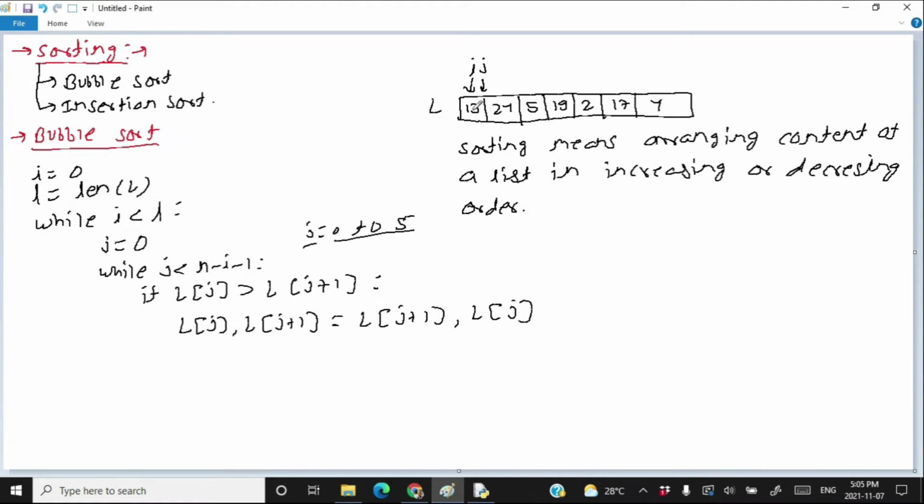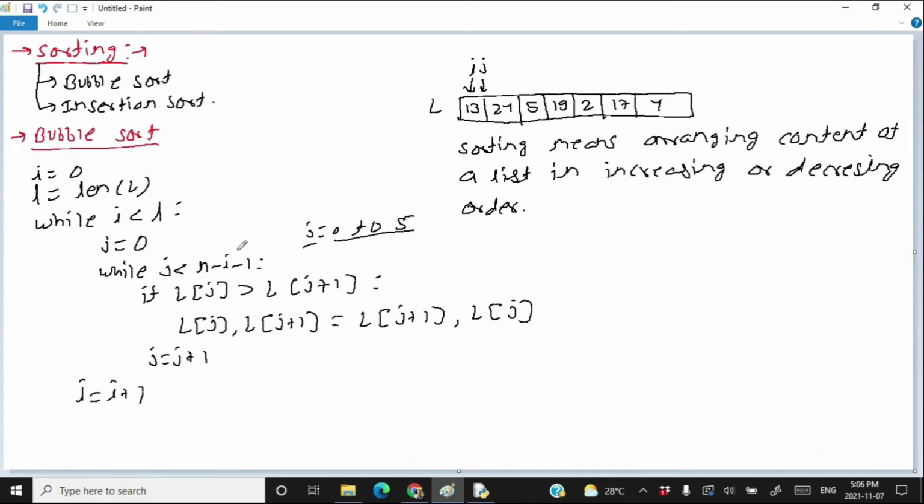So initially j is at 0. It is checking if 13 is greater than 24 or not. Since 13 is not greater than 24, this swapping will not happen. After that, increase the value of j and increase the value of i.